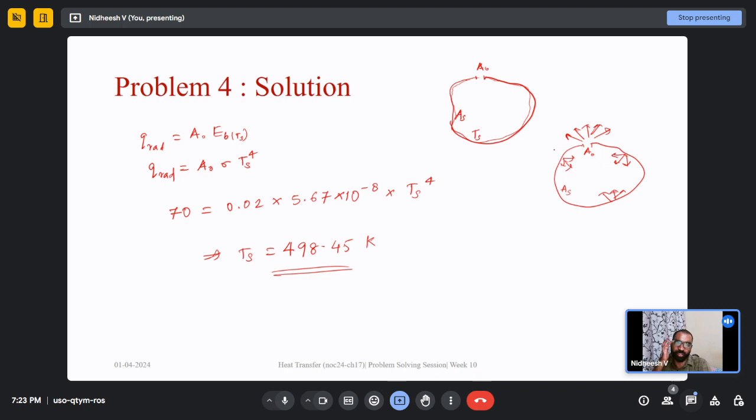But it would be wrong to calculate the emissive power from this enclosure that way, because as I already told you, this emission is not only propagating outside, it is also being received by this surface itself.